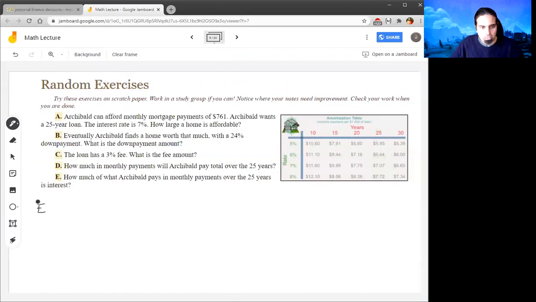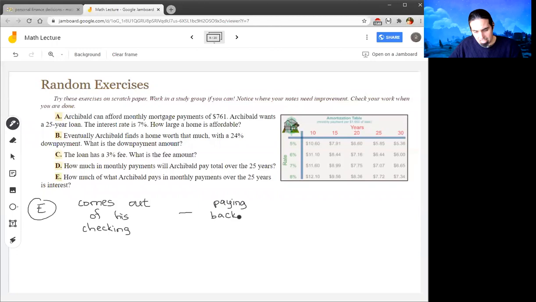Finally, the interest. So what comes out of his bank? Take away paying off the loan. Everything else has to be the interest.